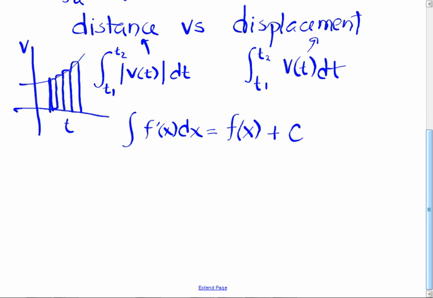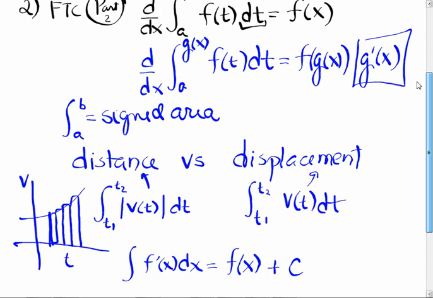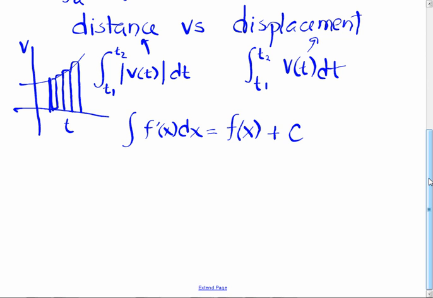Average value of a function. How do you find the average value of a function? I'm going to put an A here.